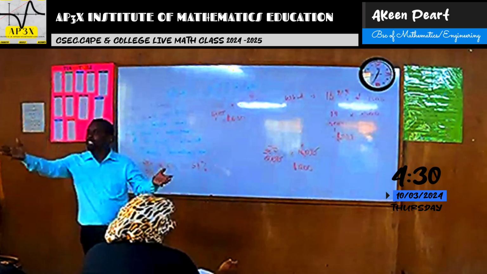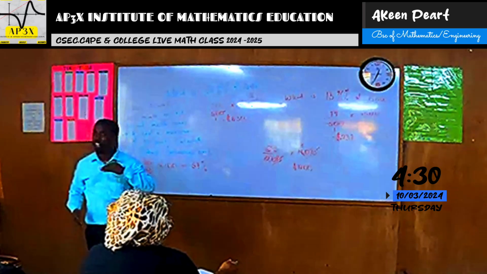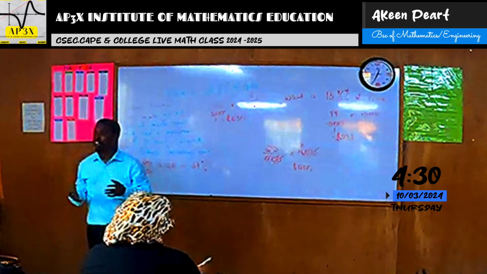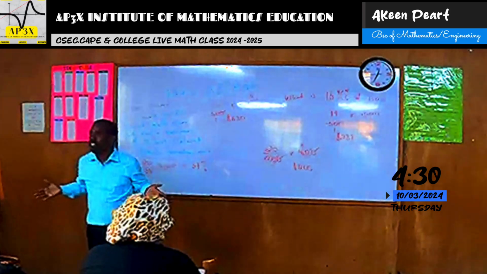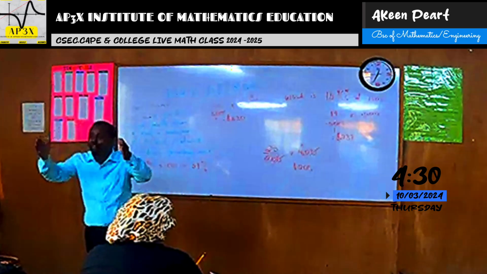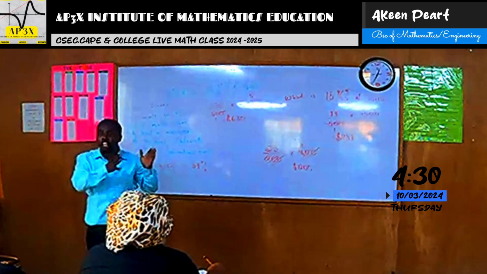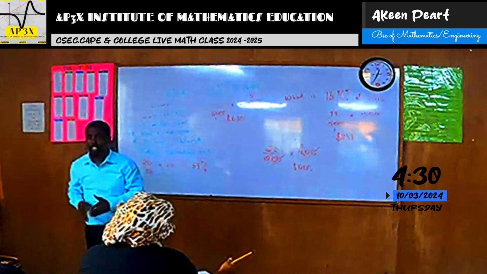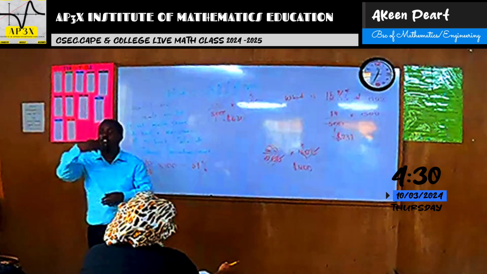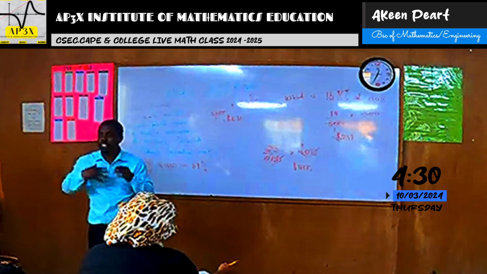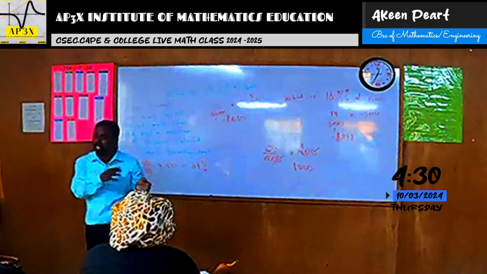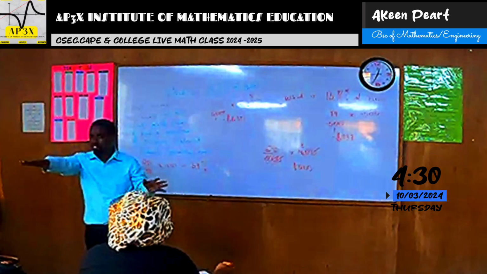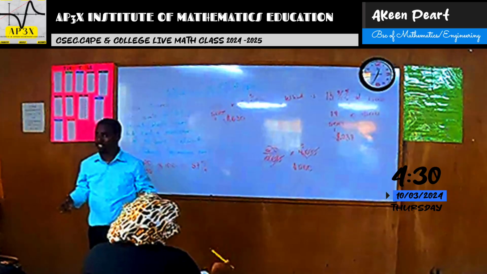So if you put 47 over 190 times 100, you get 24.7, right? That means that's the amount of the book that she has read thus far. The question says, how much of the book is left to be read? That means you have to take the 24.7 from 100.